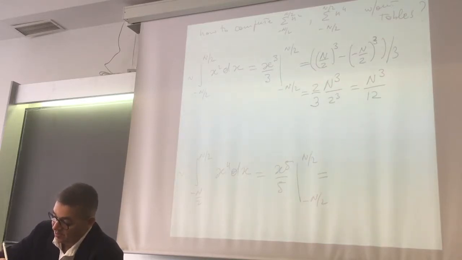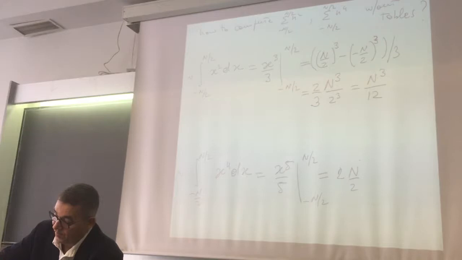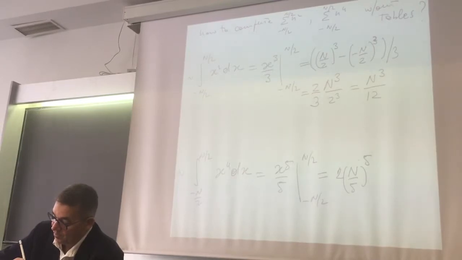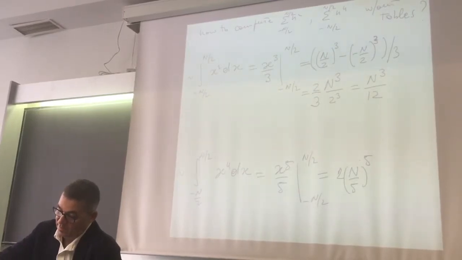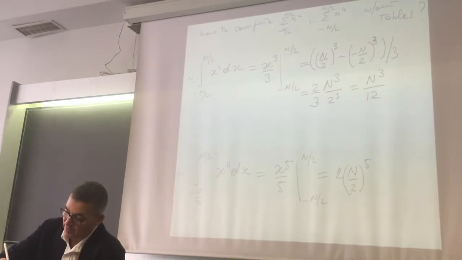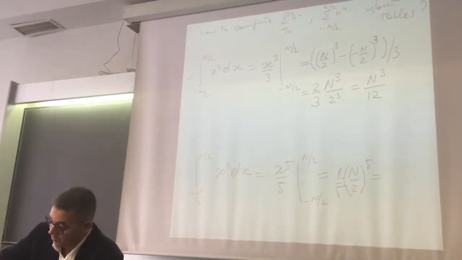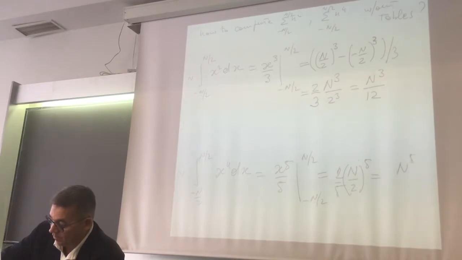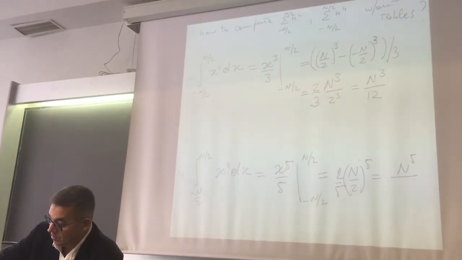That one is 2 times n divided by 2 to the 5th power, divided by 5, which is equal to n to the fifth power divided by 80. 80, right?